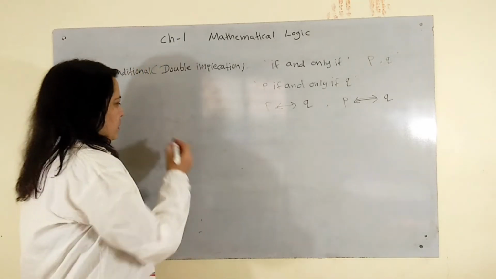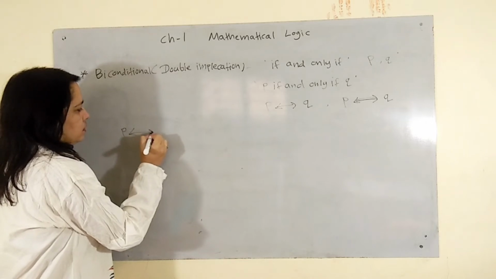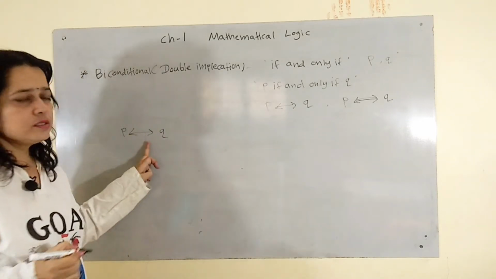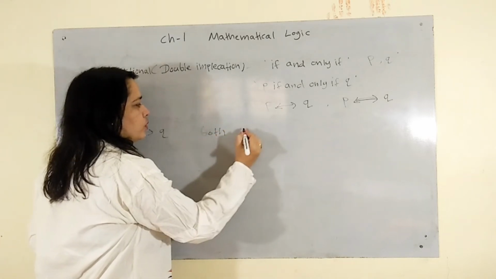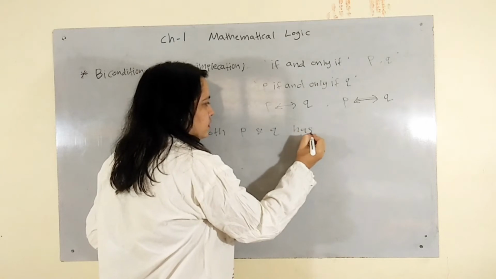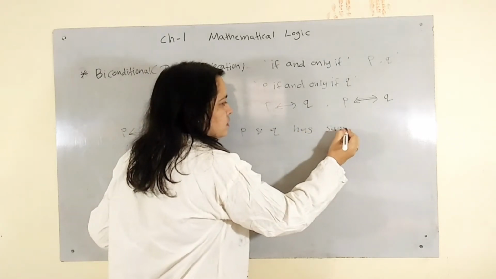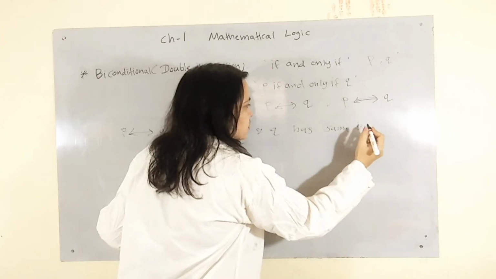And remember that P double implication Q is true if and only if both P and Q have the same truth values.